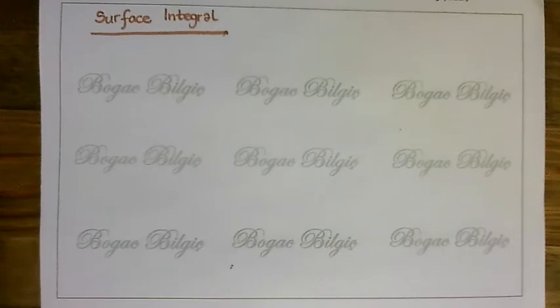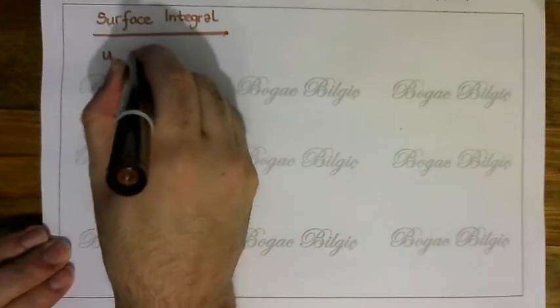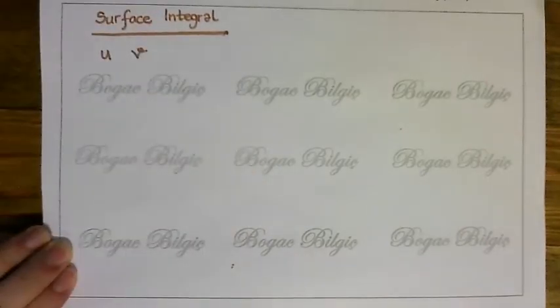We will use two variables, u and v, to parameterize a surface S in 3-space.